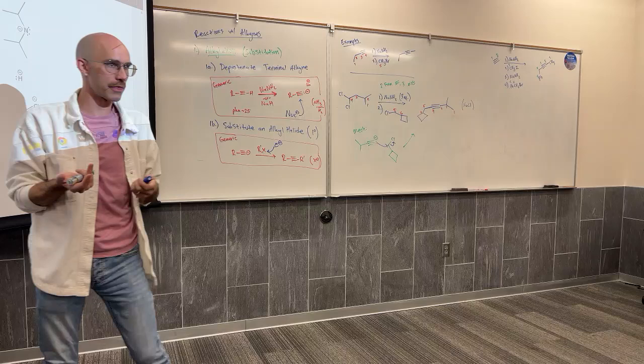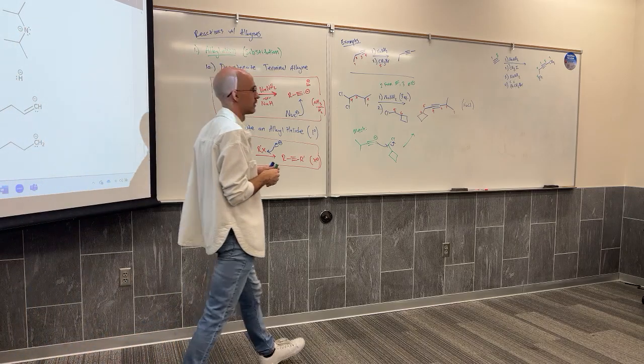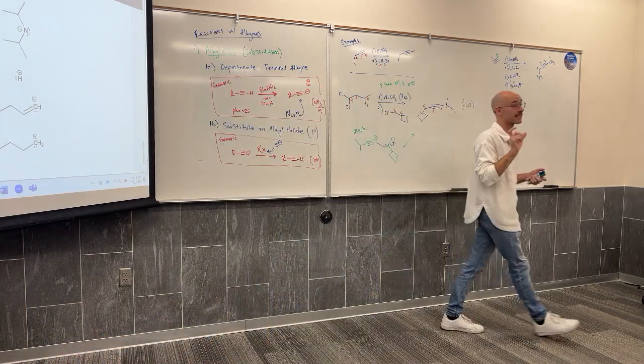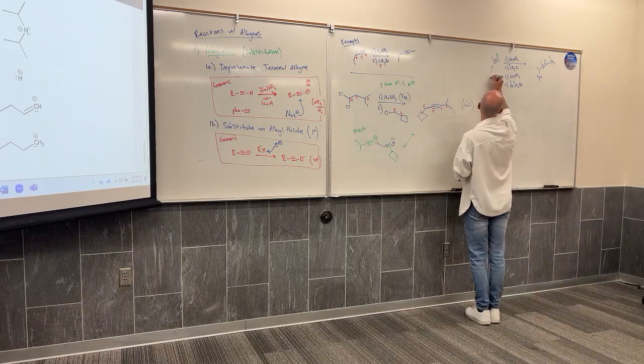I can only do that with acetylene because it's the only one that can be deprotonated twice. And we could stop here and we could show all of the intermediates.